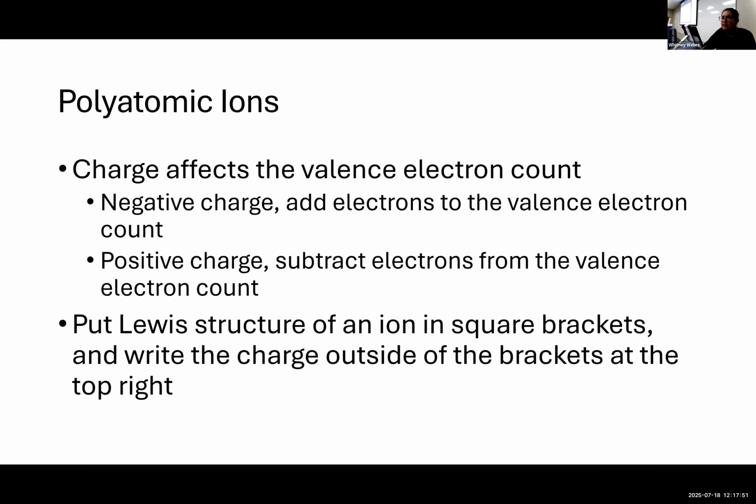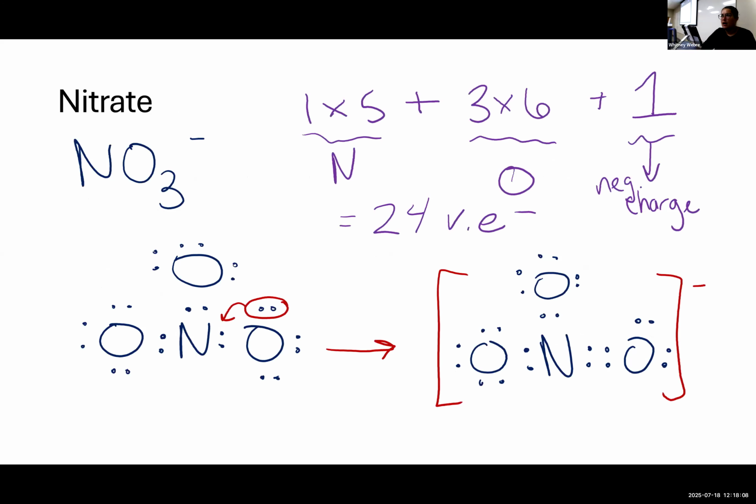Because negative means additional electrons, positive means you've removed electrons. When it is charged, you will put the Lewis structure of an ion in square brackets and write the charge outside of the brackets in the top right corner, just like we did on the previous slide. So I have this is a bracket, and this is a charge.